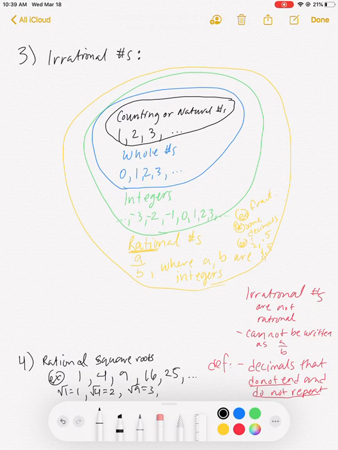The square root of 16 is equal to 4, and so on.